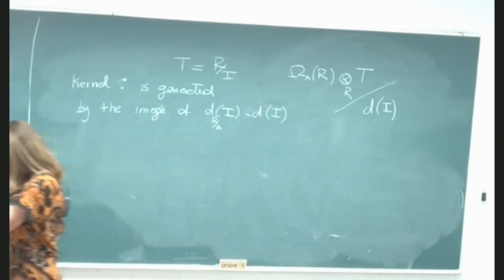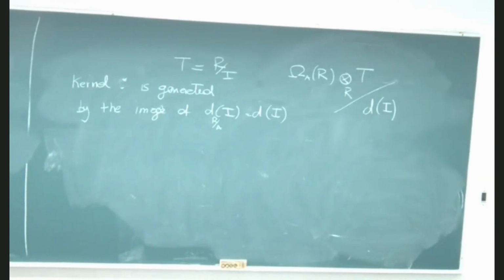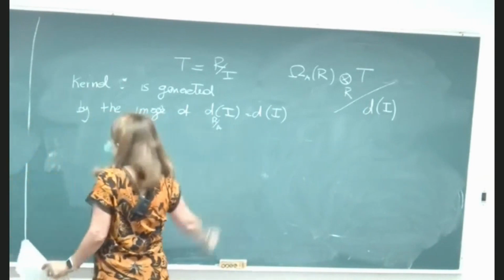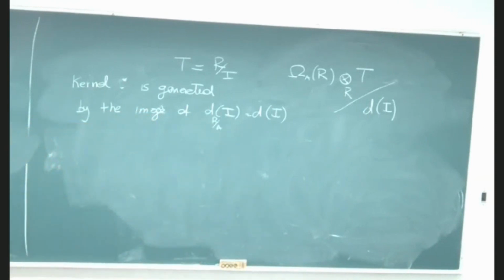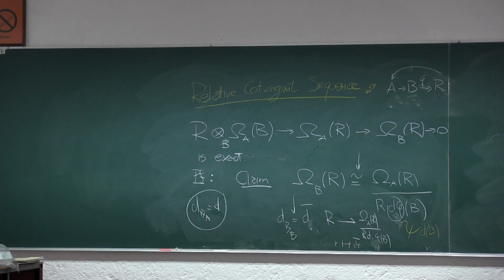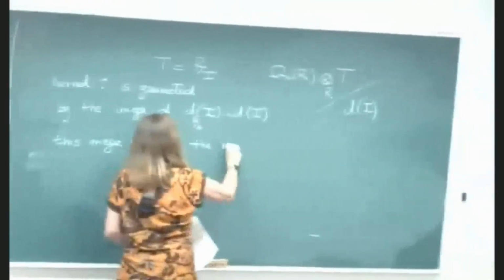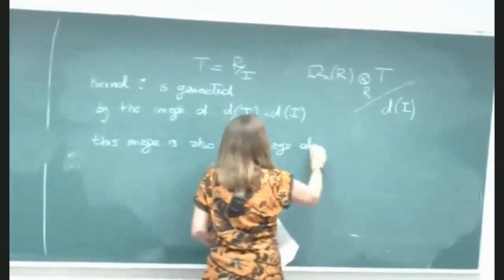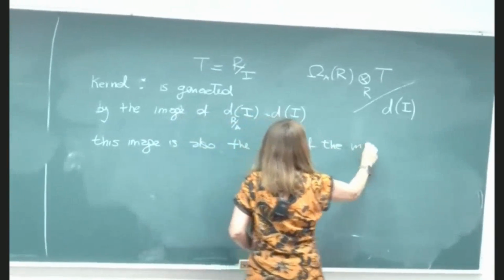And now, the point is that this image is also given by this guy. If you put here I over I squared, I'm going to show that this is exact. This is the conormal module. That's why it's called the conormal sequence. So this image is also the image of the map, and that's why I can put them together.